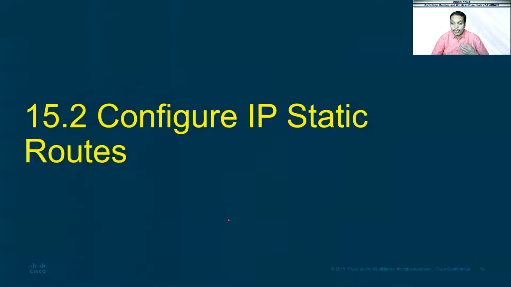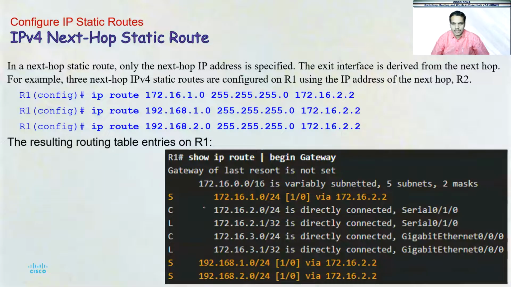So let me show you how to configure the static routes for R1 now. As I told you earlier, R1 has two directly connected networks and three remote networks. So how do I configure the static routes? First, I'm using the first variant, which is a next hop static route. On R1, these are my three remote networks.